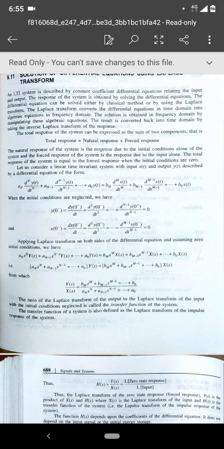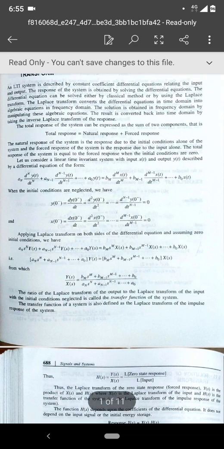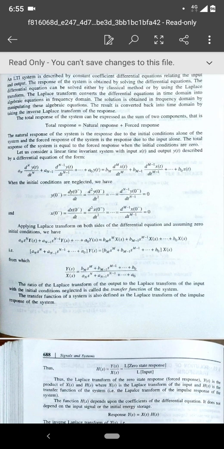You can see on the screen, that is the total response. There are two methods. One method you might have learned in the mathematics course, that is complementary function plus particular solution. Another method of finding the solution to this differential equation is following the superposition principle. First you find the response of the system to the initial conditions.